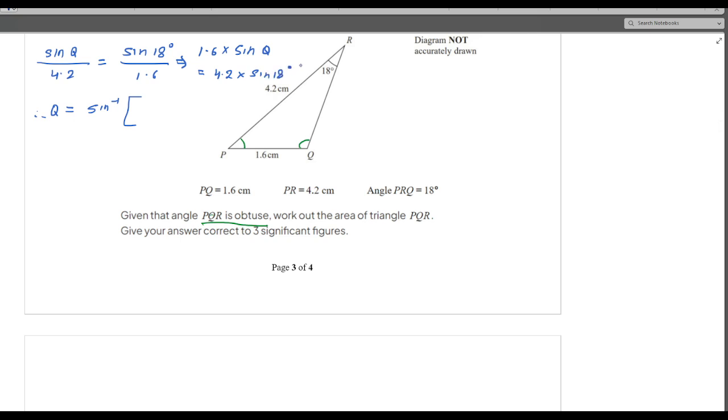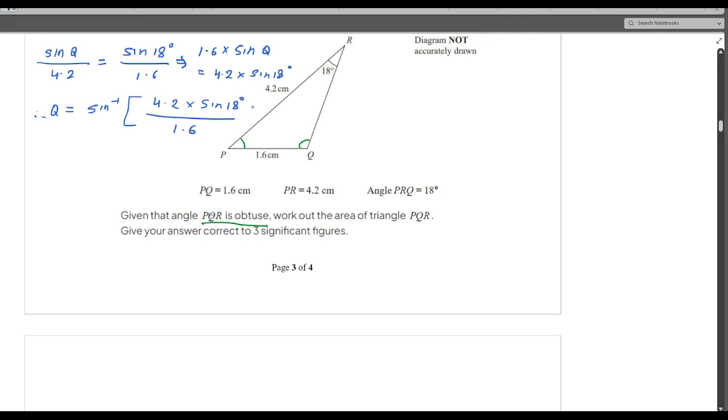Okay, so you can do this in your mind, and directly you can write angle Q will be sine inverse of 4.2 into sine 18 degree divided by 1.6. So if you do the calculation, it is sine inverse of 4.2 times sine 18 degree.